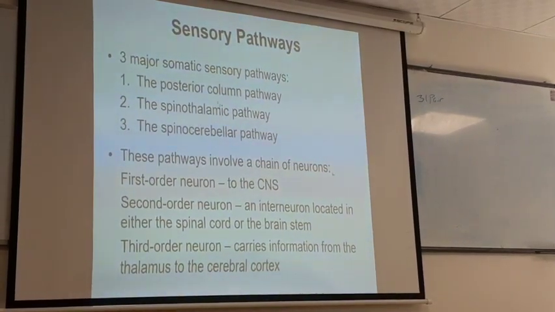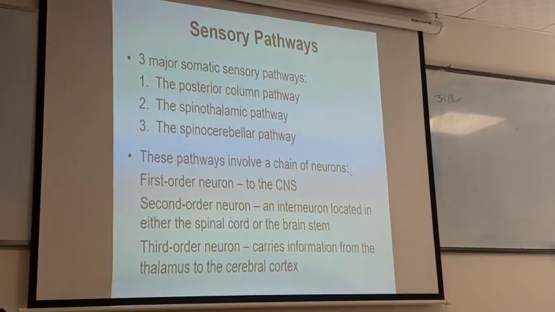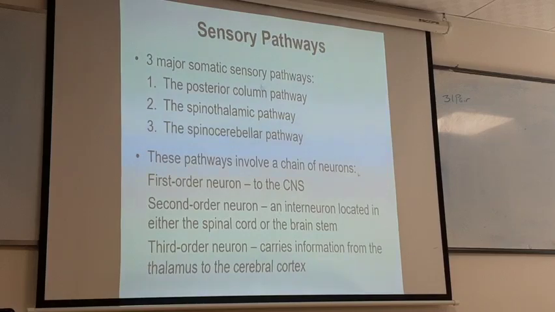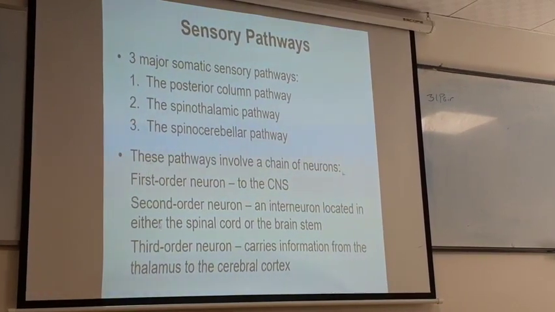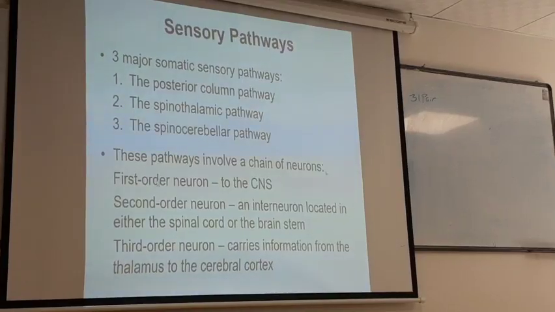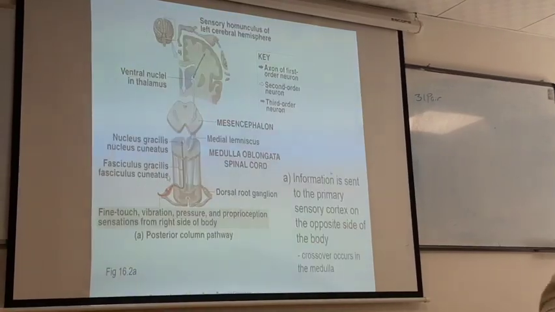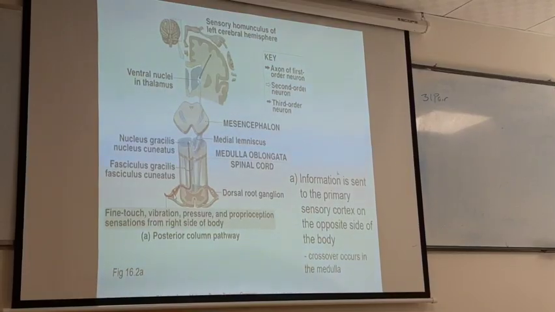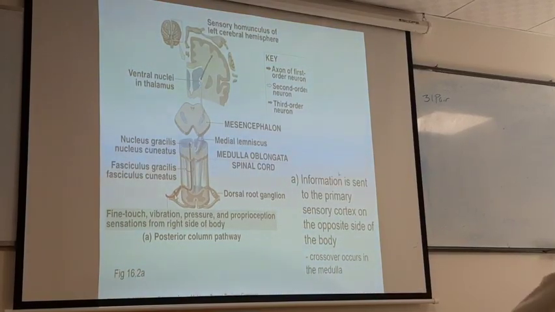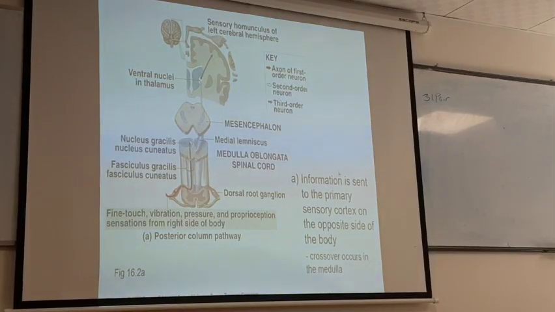This pathway has three neurons. One neuron in the DRG. Dendrite, neuron, axon.